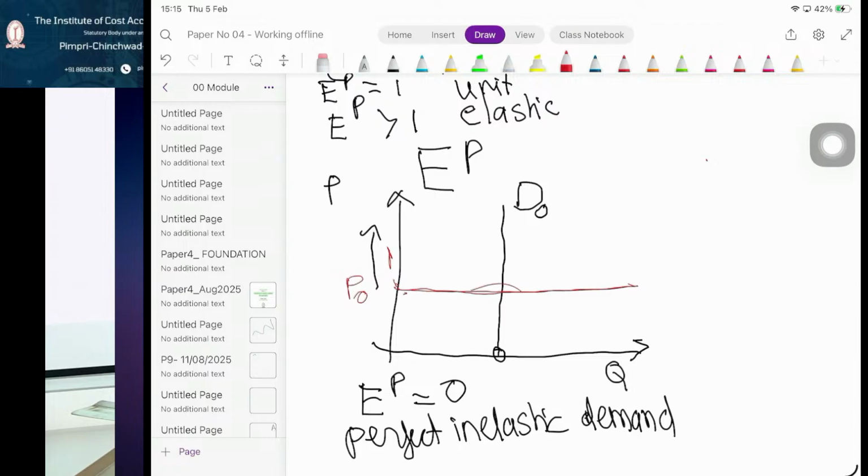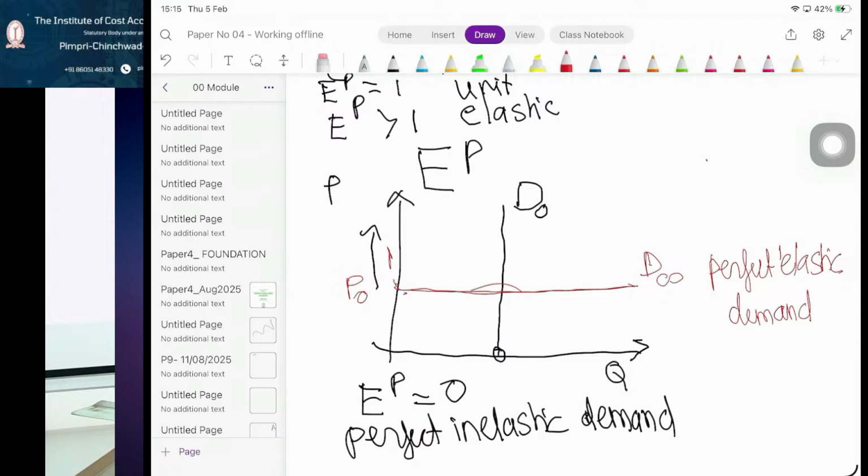So this demand is called a perfectly elastic demand curve. Have you got the graphs? Perfectly elastic demand has a horizontal demand curve and perfectly inelastic demand has a vertical demand curve.